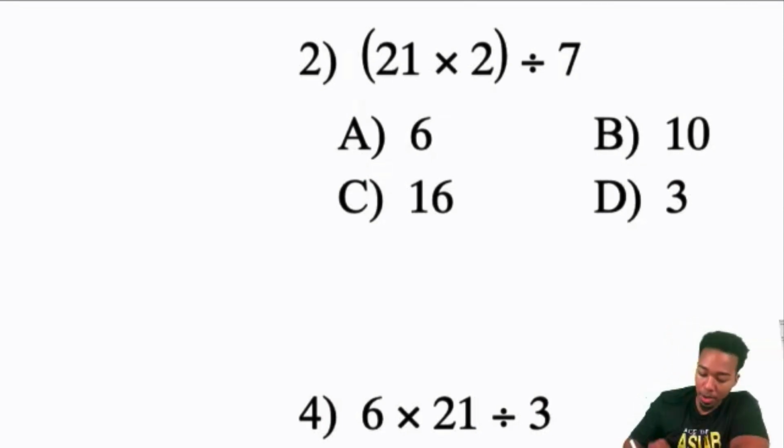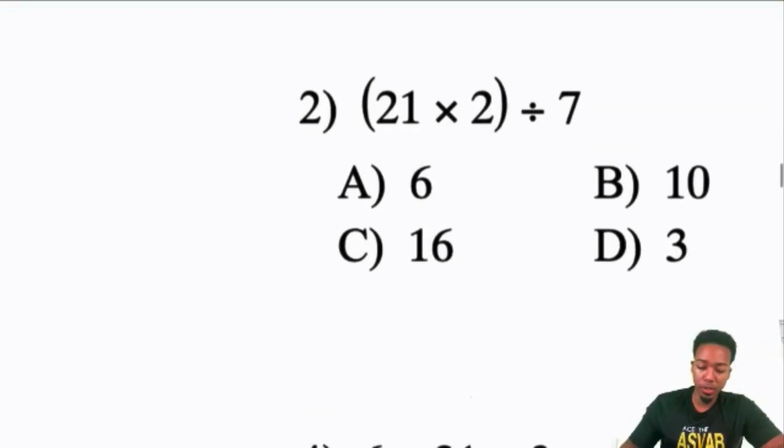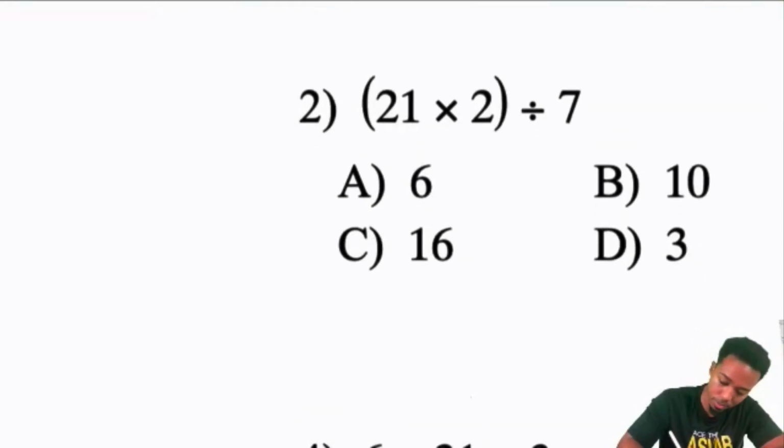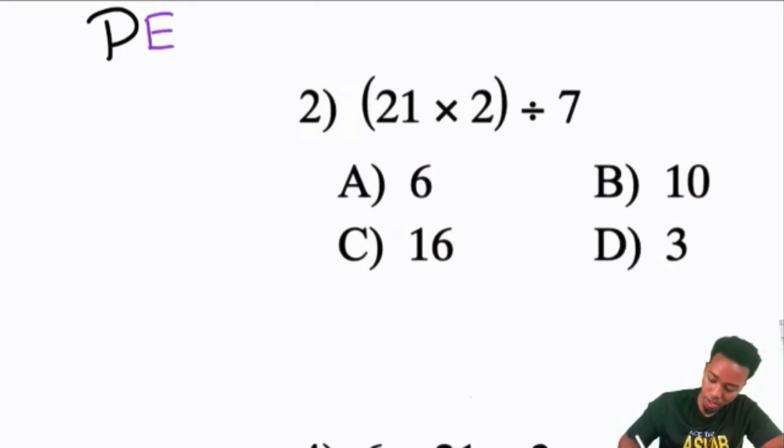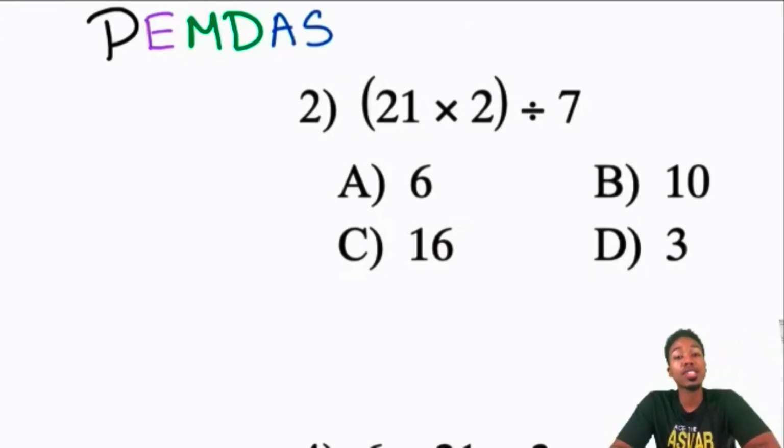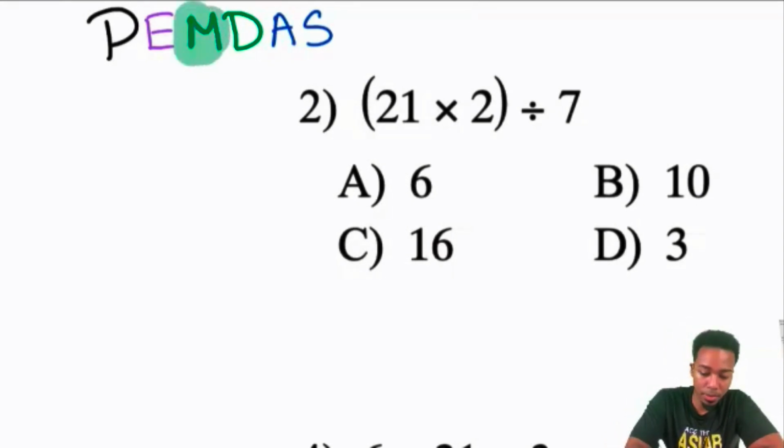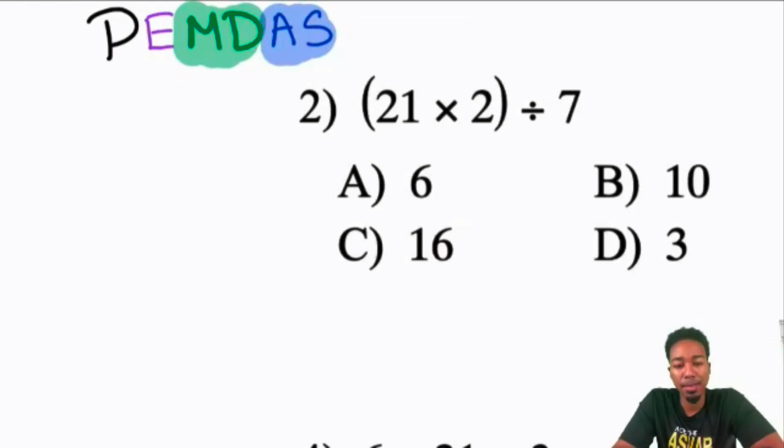When you think about it again, with the order of operations, let me write out the order of operations above one more time. P, E, M, D, A, S. Notice how they're color coordinated here. Multiplication and division are the same operation, addition and subtraction are the same operation.